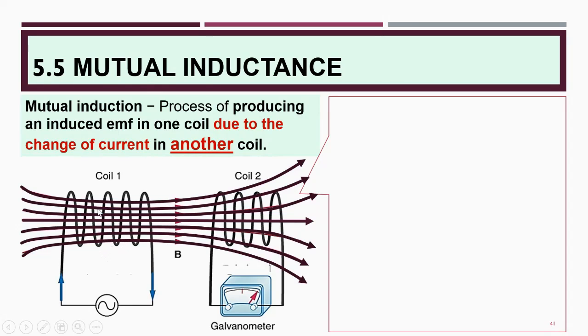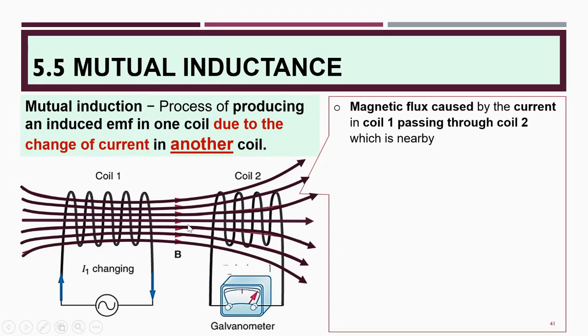Due to the current, we have a magnetic field in coil 1. So if we change the current in coil 1, the magnetic field passing through coil 2 will also change.